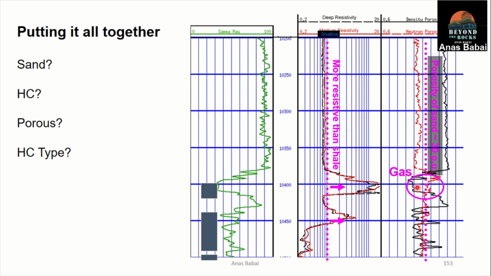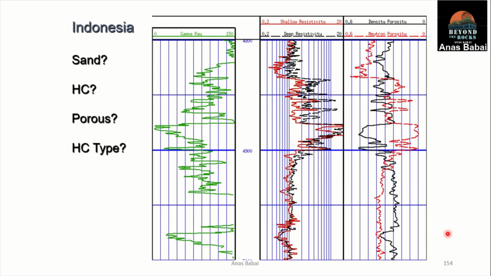According to the separation between the neutron and density, you identify that this is a gas zone, while this one has a smaller separation compared to that one, and even the resistivity in this one is less, while in that one it is higher. So this is our oil zone, while this is our water zone, in which the neutron and density are coinciding with each other, or overlaying each other.